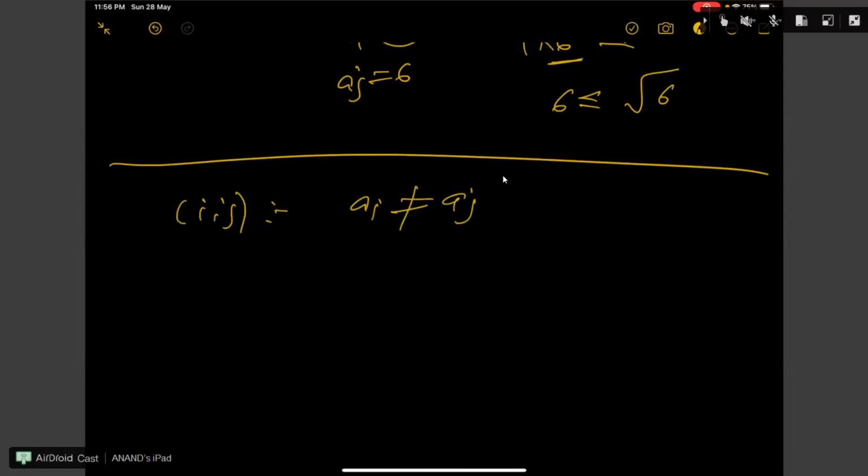Without loss of generality, let's assume ai is strictly greater than aj, because if ai and aj are not equal, one of them would be strictly greater than the other, right? So in that case, we can definitely say aj will be less than or equal to square root of 2n, right?